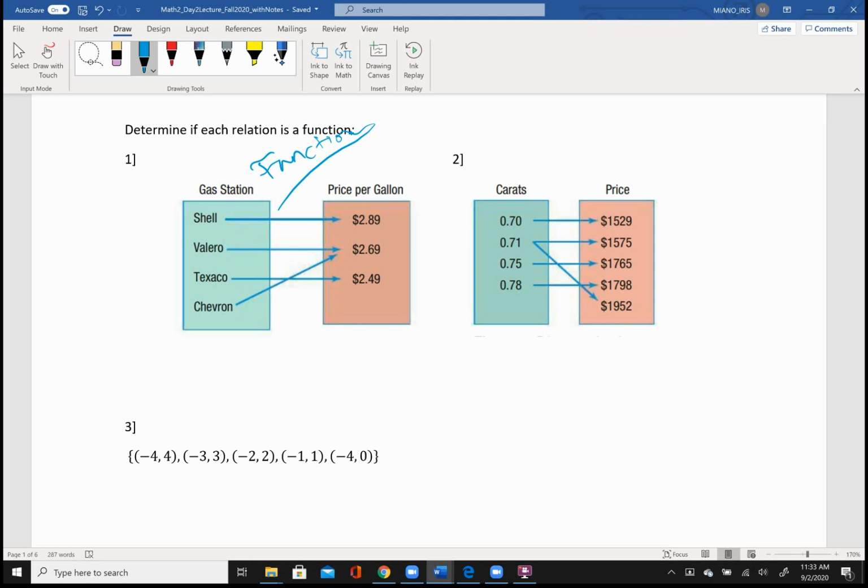Let's say it's diamonds that we're talking about here. A 0.71 carat diamond could have two different prices depending on where you're buying the diamond from, right? A person might appraise this 0.71 carat diamond as $1,575.